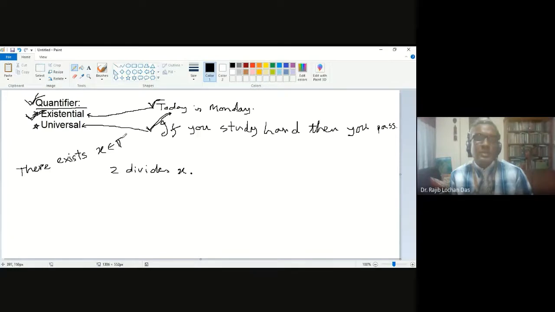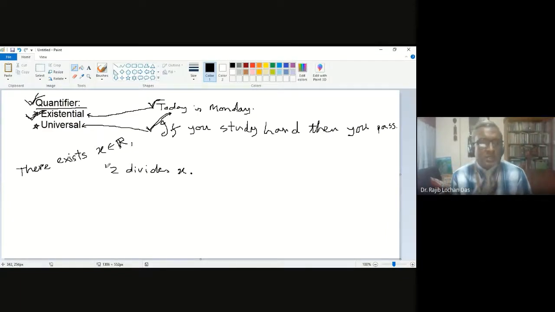That means there exist some real numbers in the world that can be written like 2 divides x. So it is not for every number in the world, but there are some numbers.